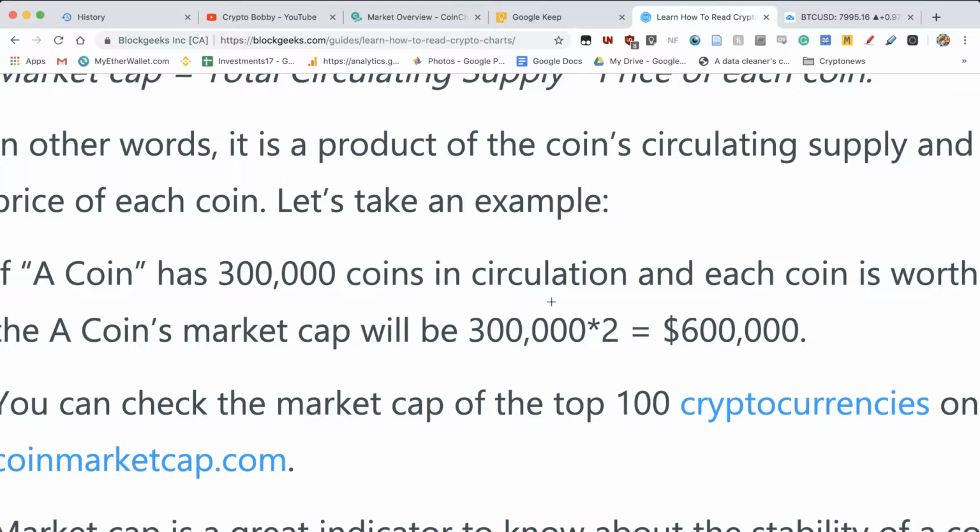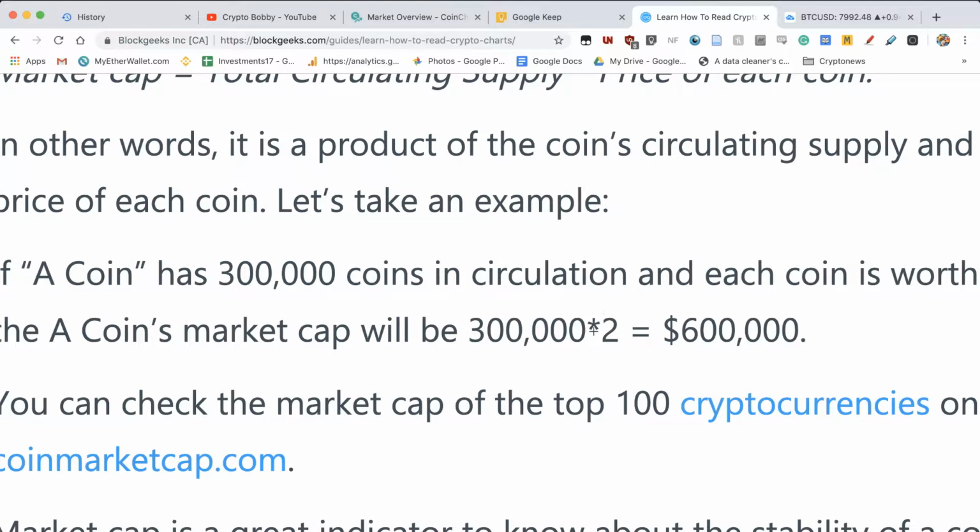That means I can create a market capitalization of 900,000 US dollars with this coin by just buying one additional coin from the supply at $1 more.